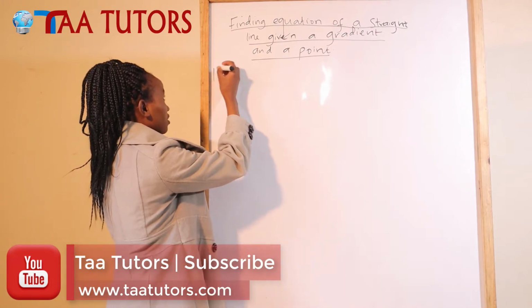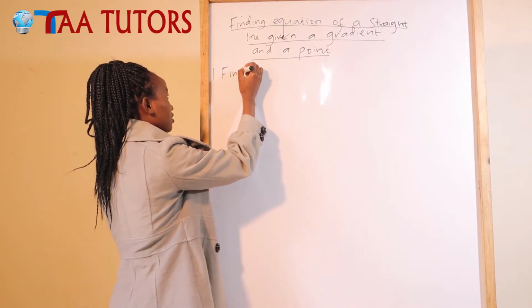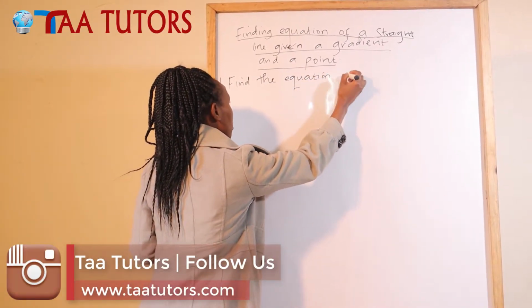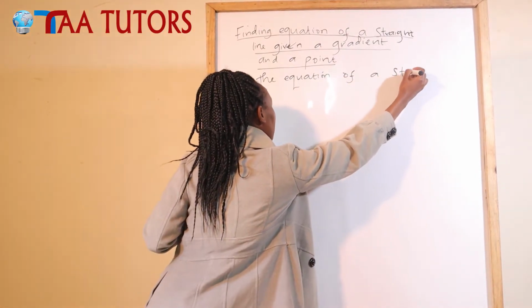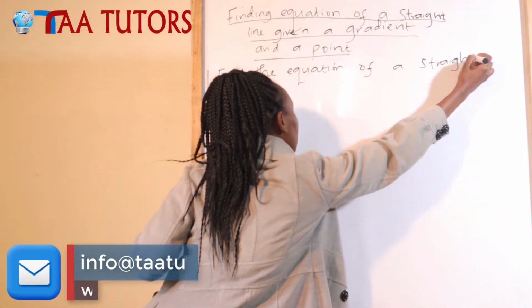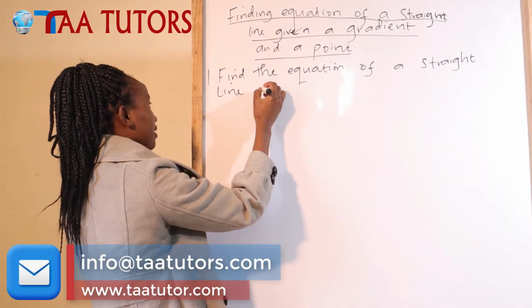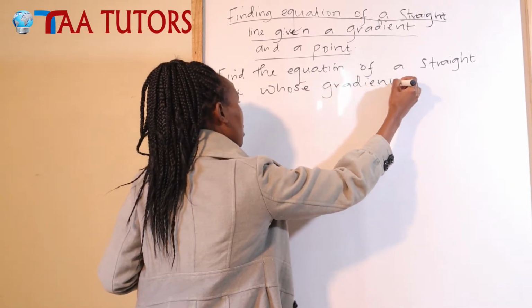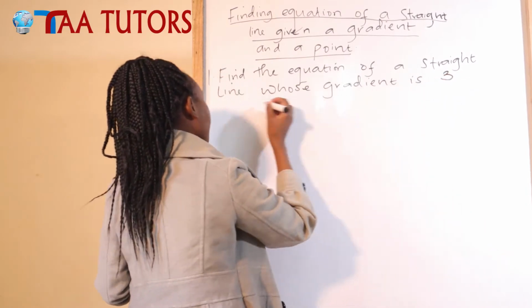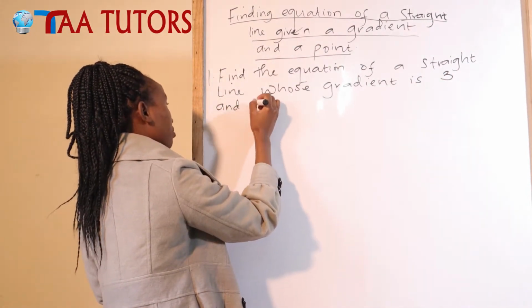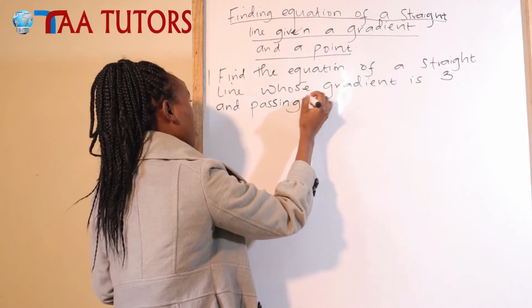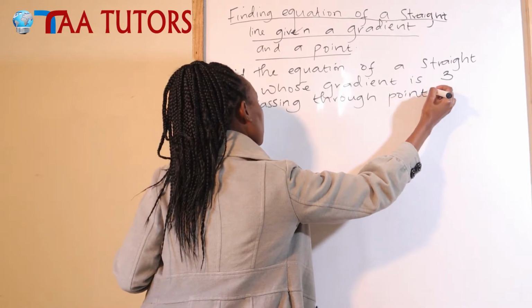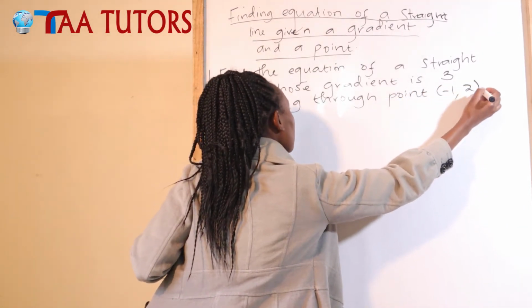So the first example is: find the equation of a straight line whose gradient is 3 and passing through point -1, 2.